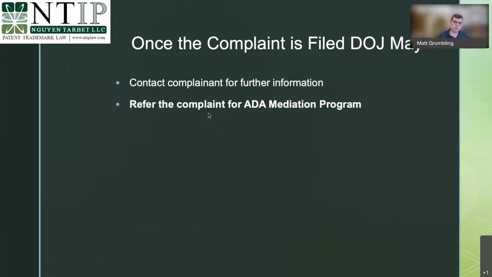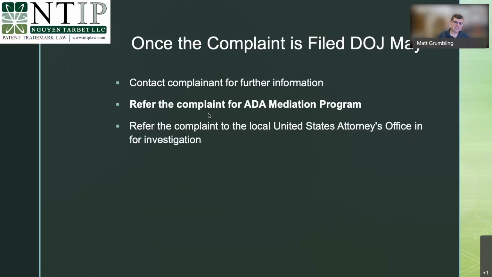They might refer the complaint to the ADA mediation program. If you're the defendant in this case, that's probably your best bet for getting things settled quickly, amicably, and less expensively. If it's pretty severe, it might go to the United States Attorney's Office for further investigation.